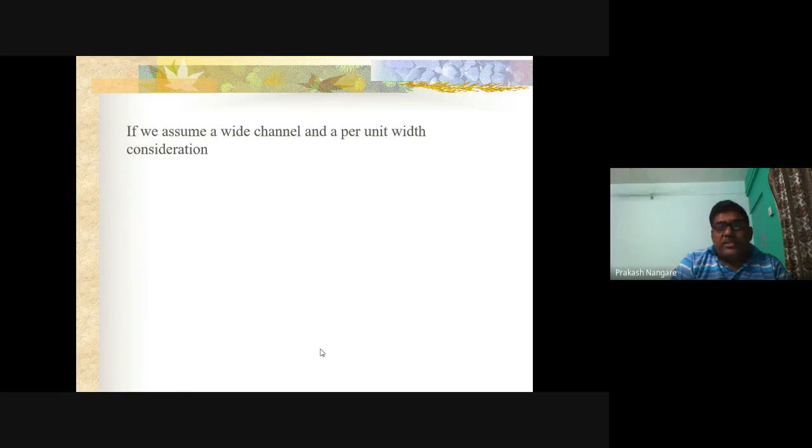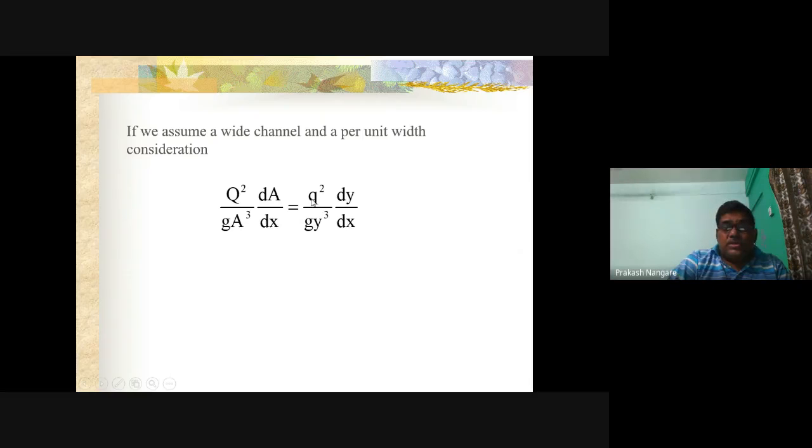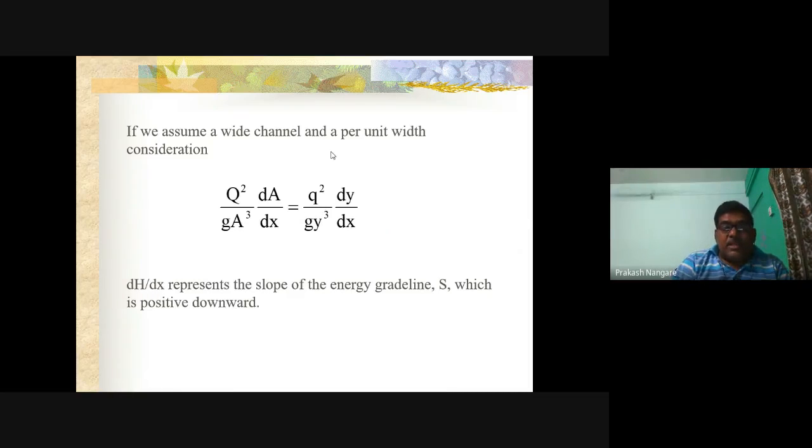If we assume a wide channel and a per unit width consideration, Q square by g A cube into dA by dx is equal to small q square, as a simplification, where q square by A square. Here q is the unit discharge, which is represented as capital Q by B, where Q represents the total discharge and B is the width of the channel. So dH by dx represents the slope of the energy gradient line.